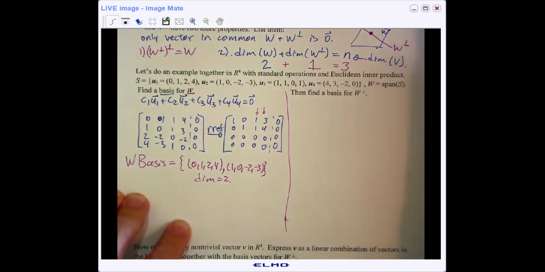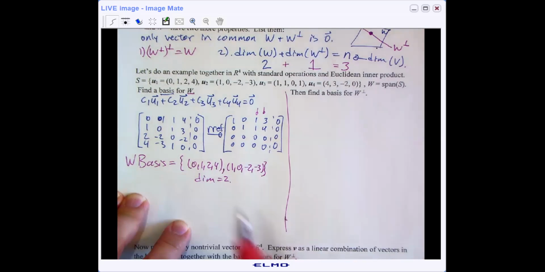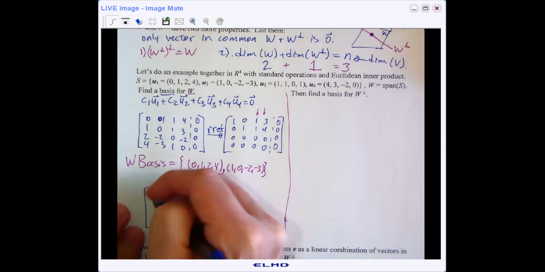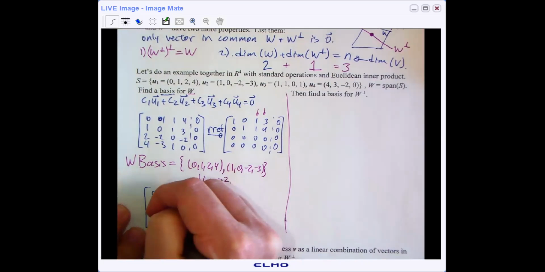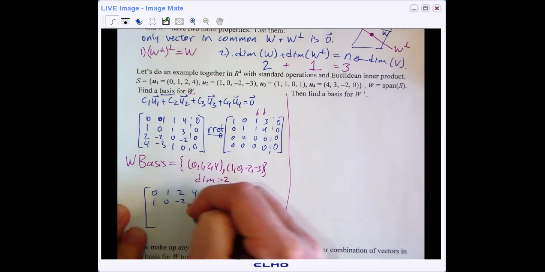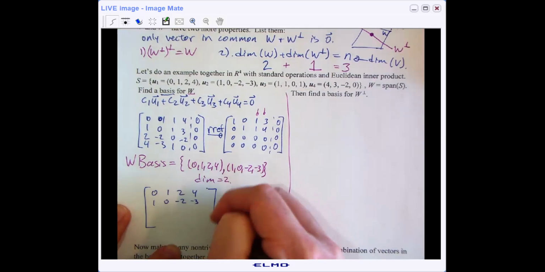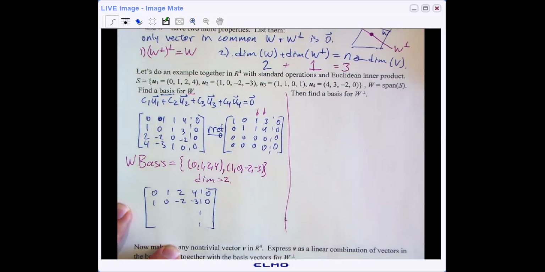And so let's take our matrix, and use these vectors as the rows, and augment by the 0 vector. We know that the row space and the null space are orthogonal complements.